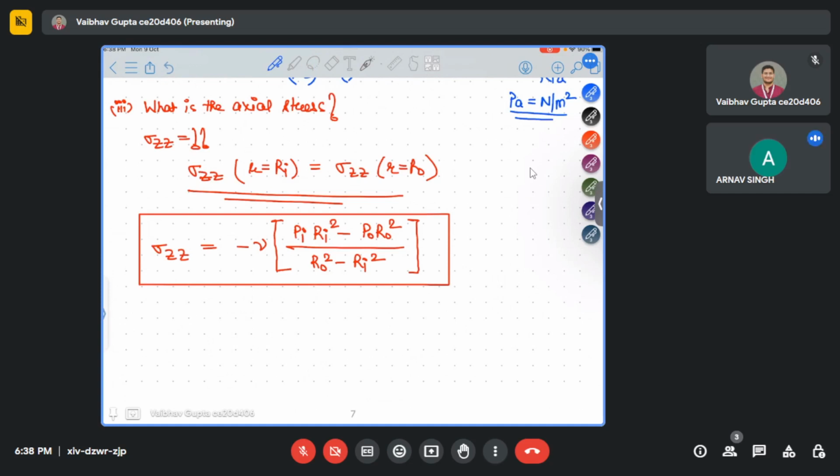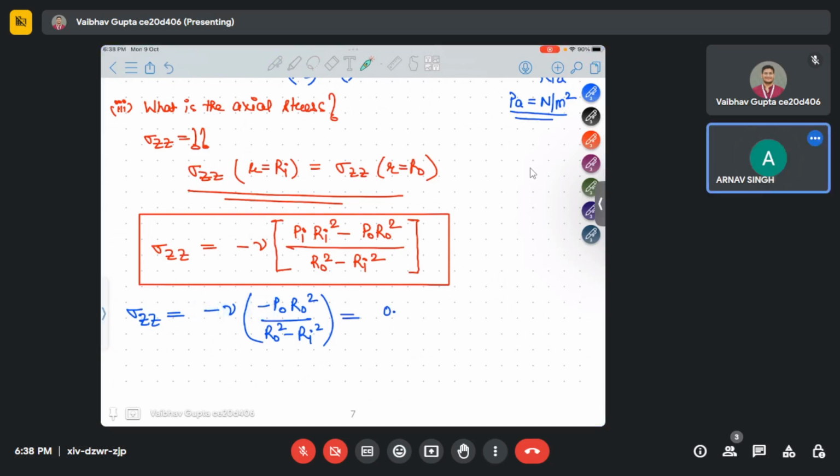Okay. So sigma ZZ, Pi is 0. So it will become minus P naught R naught square upon R naught square minus Ri square. Poisson's ratio given is, see, this minus and this minus will become plus. See, this minus, when multiplied by this minus, it will turn out to be positive.